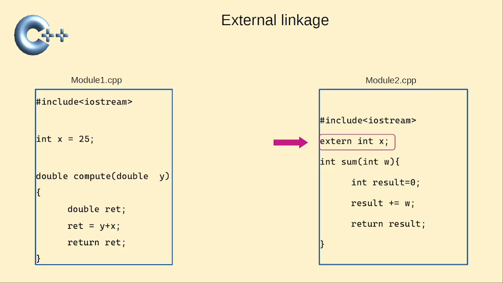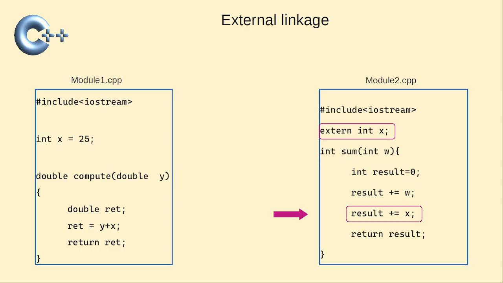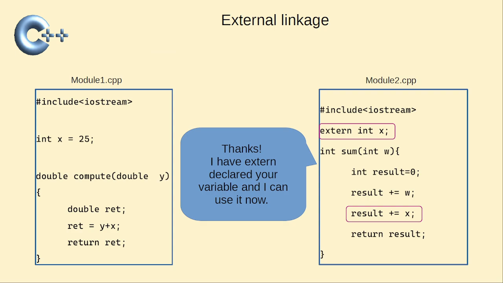Now module 2 declares variable x as extern using this syntax. This actually confirms external linkage of variable x to module 2. Then module 2 can use this variable x in its computation or logic. Now module 2 is happy. Thanks, I have extern declared your variable and I can use it now.